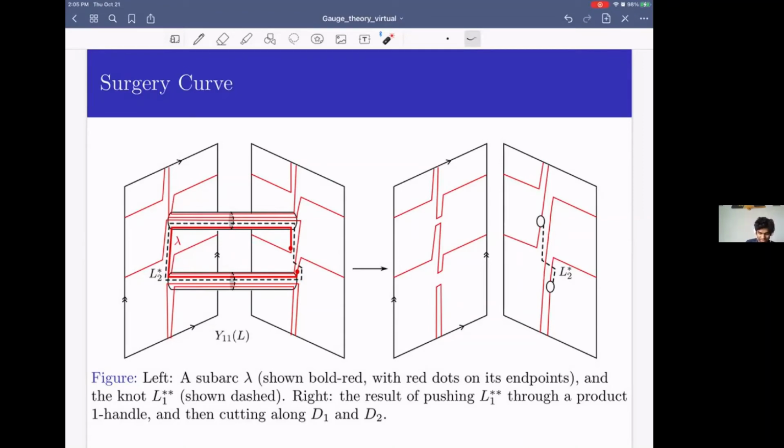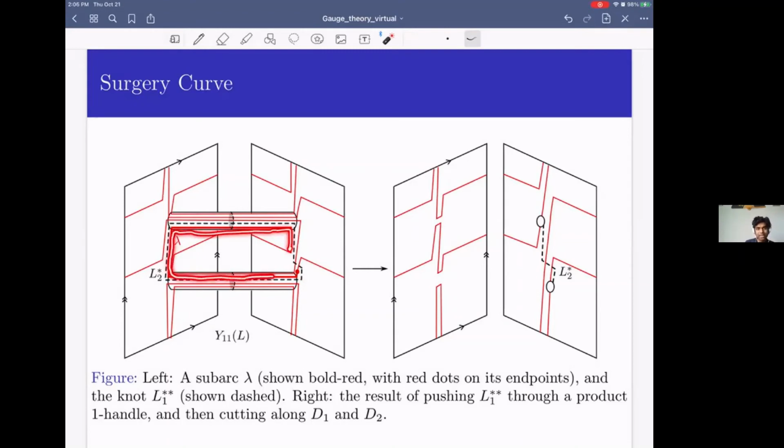So we see that this attaching circle remains parallel to the suture for most of the time. For example, from this point, this dotted attaching circle is parallel to the red curve.